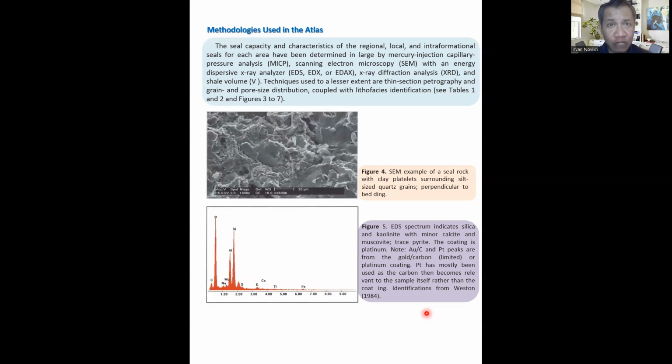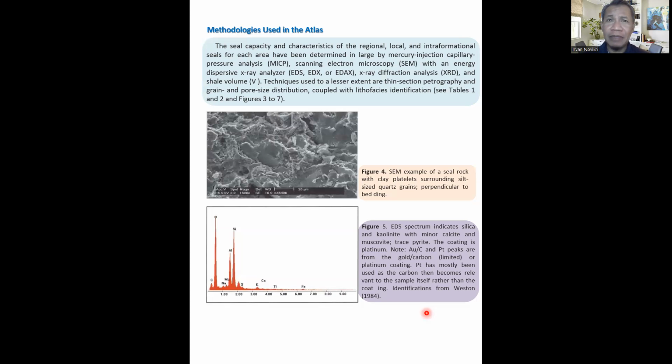Additionally, thin section petrography, grain size, and pore size distribution were also used in the lab and in this experiment. These techniques provide valuable insight into the properties and behavior of the seal in different areas.